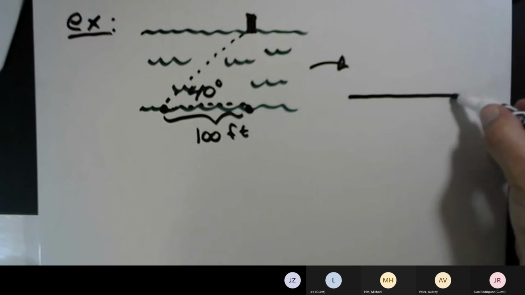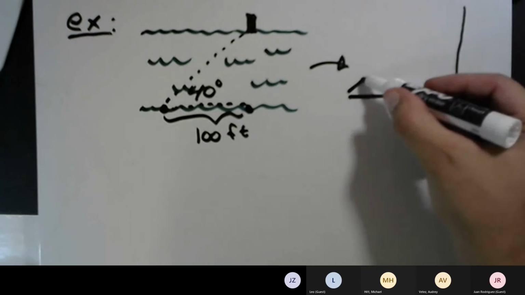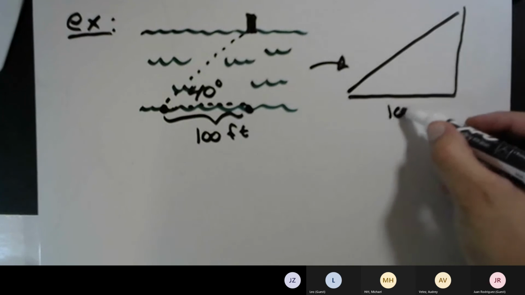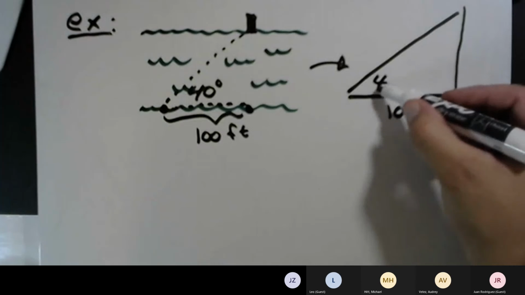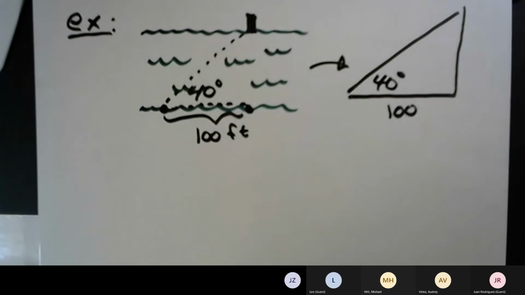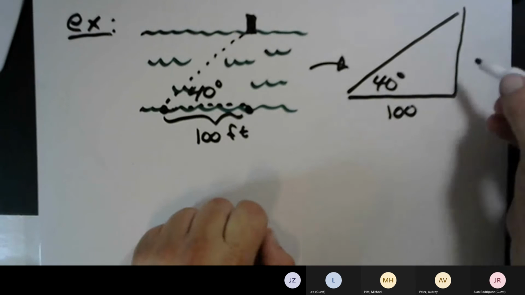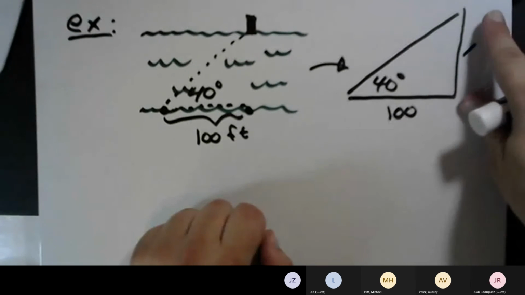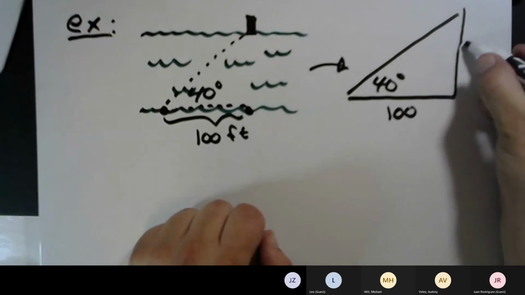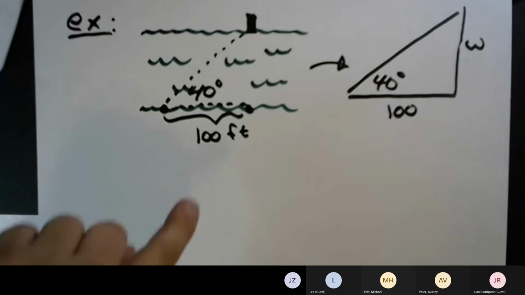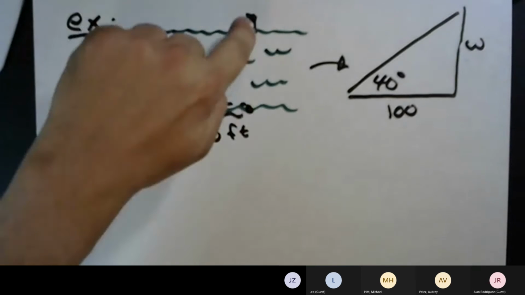So what you have is a triangle, and what you're looking for is the width of the river. We're going to call that W. So how do you get the width of the river?